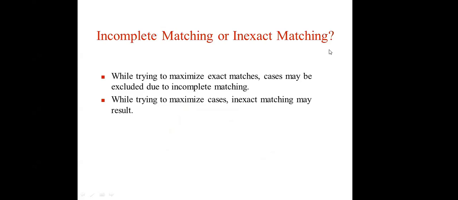So there's a trade-off. Do you try to maximize exact matches so that you say these are really similar, but then you may not be able to match some of your cases, so you're going to lose information? But if you try to maximize the number of cases, then you have inexact matching, and that will maybe lead to inexact results. So you're always trying to decide which one is best.